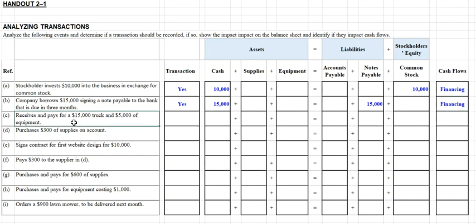Item C, we receive and pay $15,000 for a truck, $5,000 for equipment. So once again, we've got a transaction, yes. And in this case, we are paying $15,000 for a truck and $5,000 for equipment. So we've got assets going up.